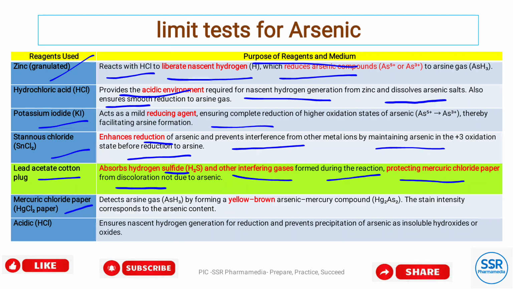Mercuric chloride paper detects arsine gas by forming a yellow brown arsenic mercury compound, and the stain intensity corresponds to the arsenic content. And the acidic medium of HCl ensures nascent hydrogen generation for reduction and prevents precipitation of arsenic as insoluble hydroxides or oxides.